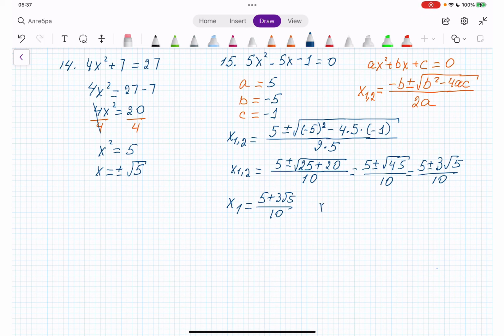And x2 is equal 5 minus 3 square root 5 over 10. And the solution is accordingly 5 plus minus, you can put them together. Once you put plus minus, that already means 2 solutions, right?